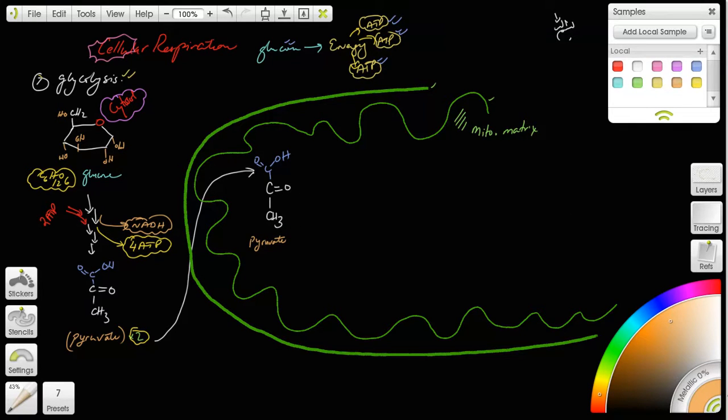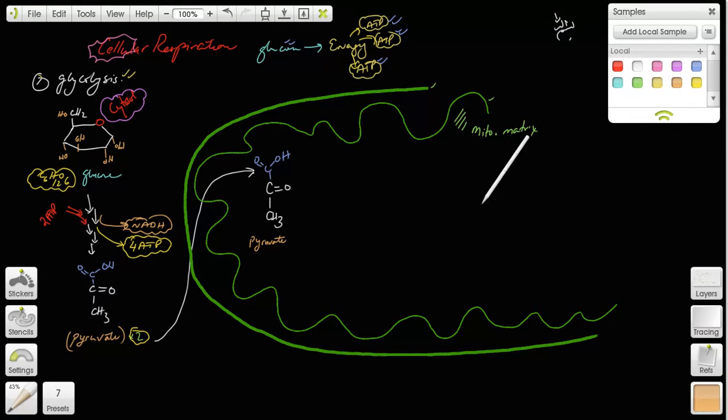Okay, now over here, the pyruvate is actually going to be converted into a molecule which is reasonably famous in itself, and that's called acetyl-CoA. Now, acetyl-CoA, I'm going to draw this out first, and then I'm going to explain to you what happens in this reaction. And you can observe that this part of the pyruvate doesn't change.